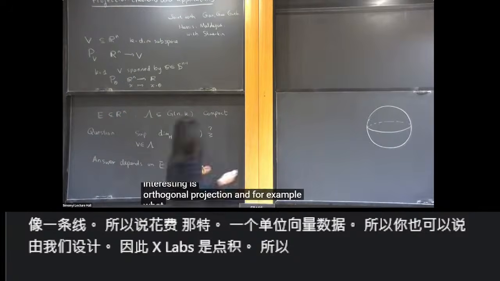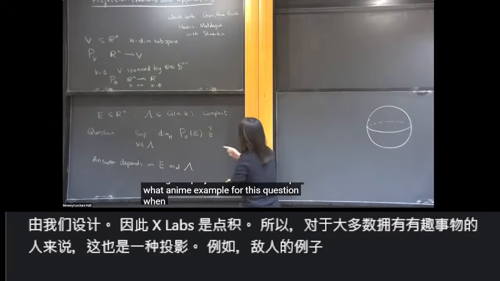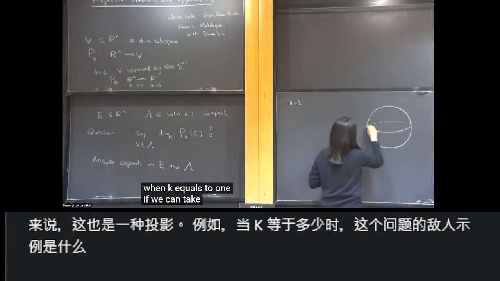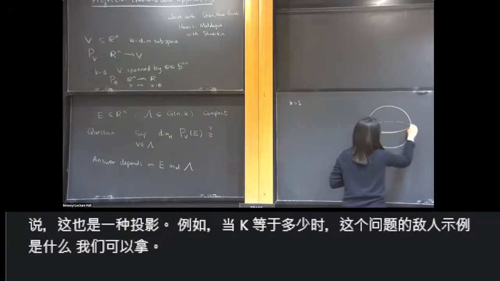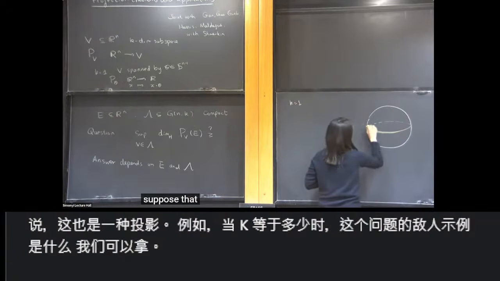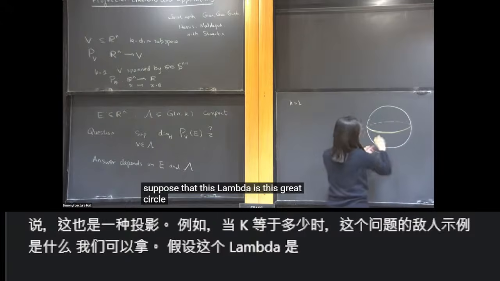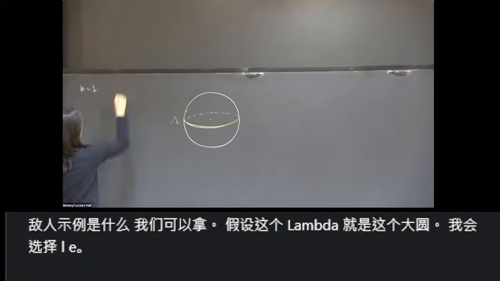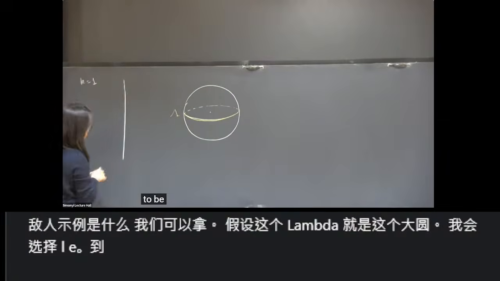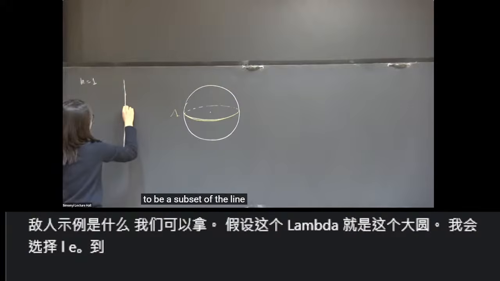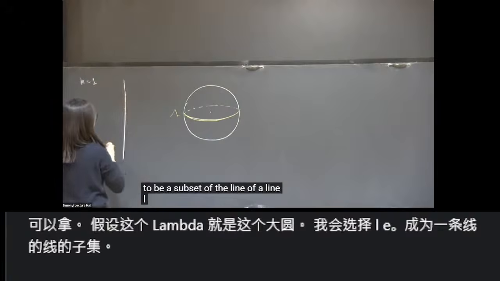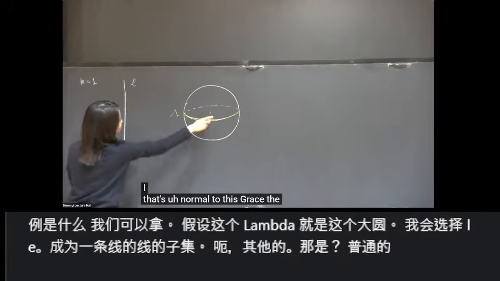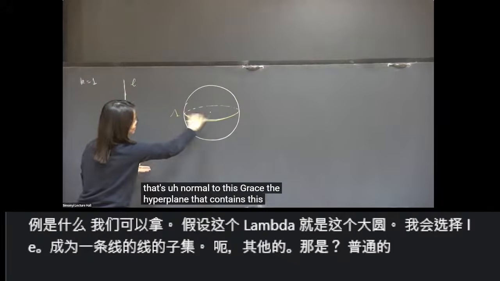For example, one enemy example for this question, when k equals 1, is we suppose that Lambda is this great circle, and then we take our E to be a subset of a line L that's normal to the hyperplane that contains this great circle.